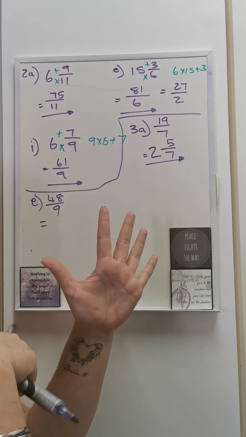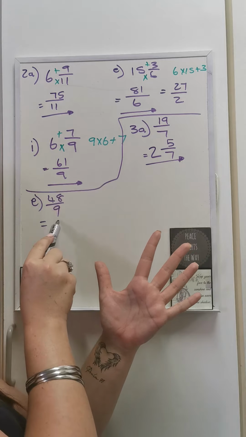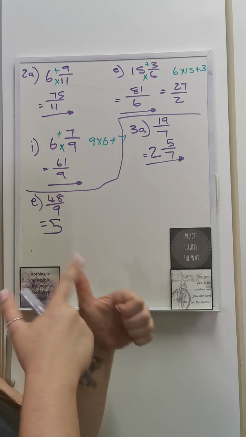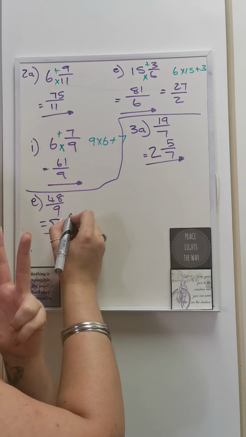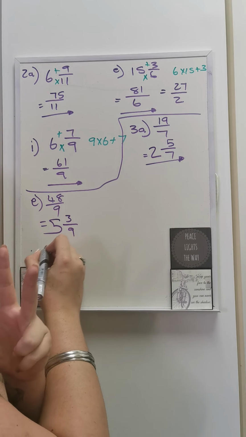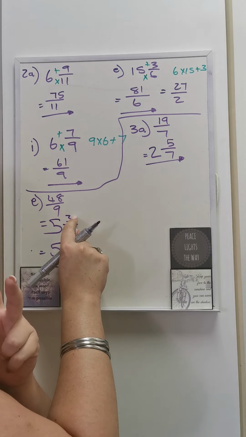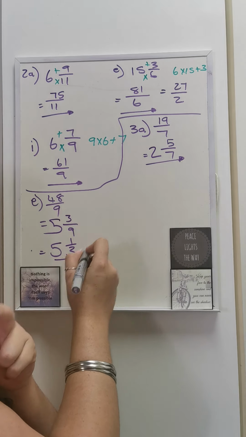So it won't be 6, it will be 5. So 45 will be 5. 45, 46, 47, 48, there's 3 left, 3 over 9. So it will be 5 and 1 over 3. Remember, we can divide with 3 and divide with 3.